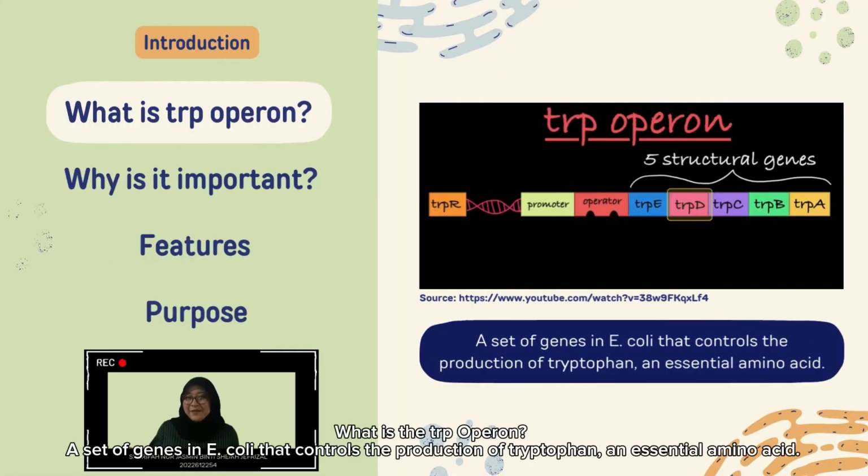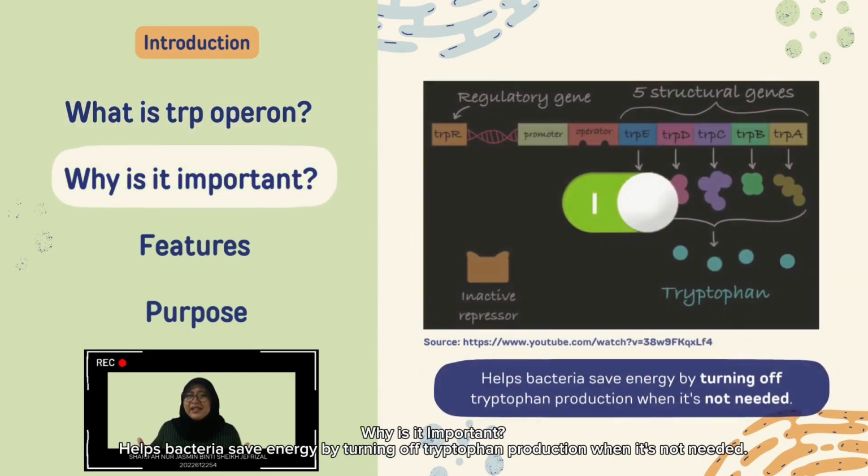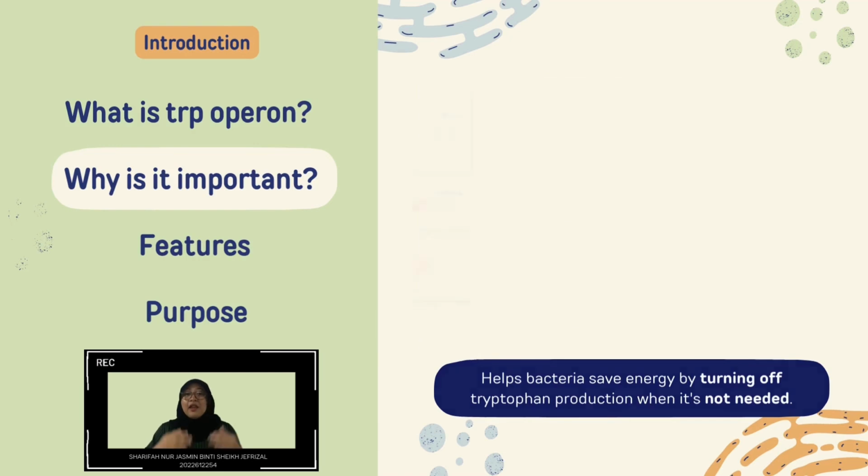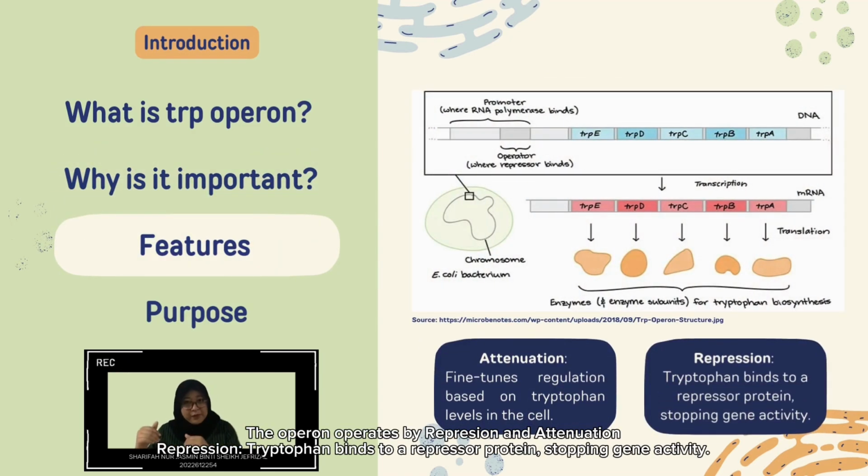What is the TRP operon? It's a set of genes in E. coli that control the production of tryptophan, an essential amino acid. Why is it important? It helps bacteria save energy by turning off tryptophan production when it's not needed. The operon operates by repression and attenuation.